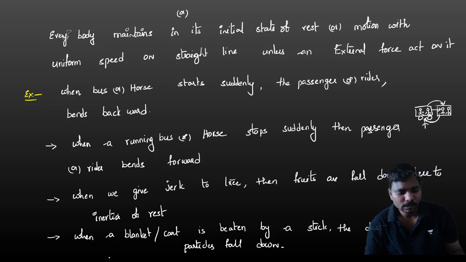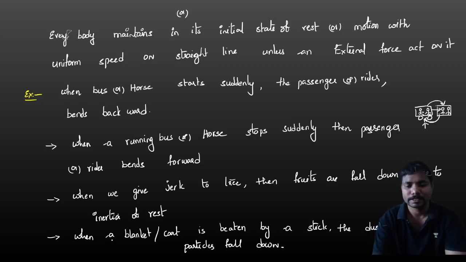So all these are examples of the law of inertia, or Newton's first law of motion. Now coming to the second law of motion. Very important. Newton's second law of motion. What I said in the first law gives the definition of force, or law of inertia.